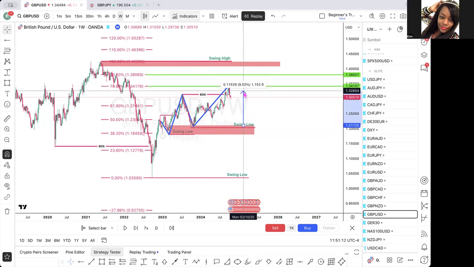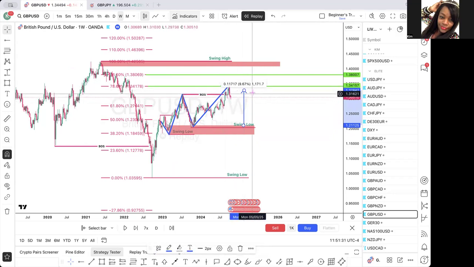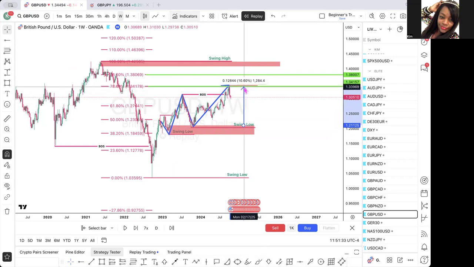Even if you took it to the swing high, that's fine. You got 1,000 pips. I'm not gonna complain about 1,000 pips. But structure was leading me to the 78.